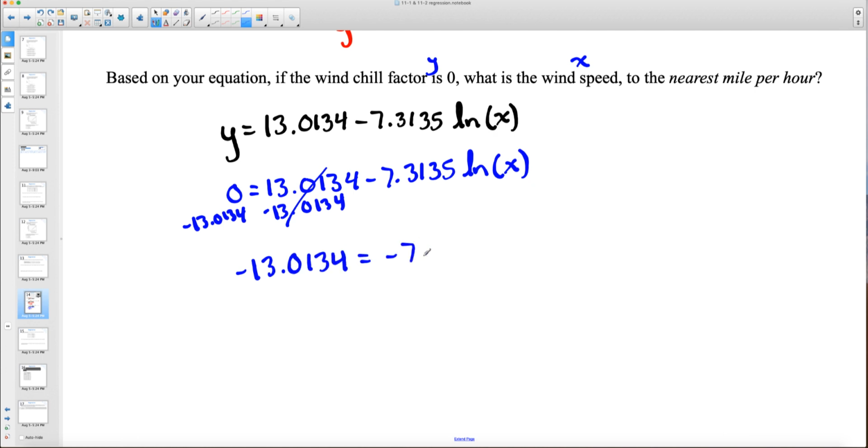Okay. So then we want to try to get x by itself. So we have this negative 7.3135 times the function ln of x. So we'll go ahead and divide both sides by negative 7.3135. We'll do the inverse operation. The inverse of multiplying would be dividing. So we'll divide that out. Go over to the calculator.